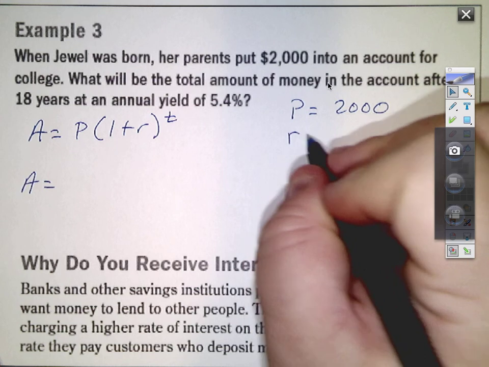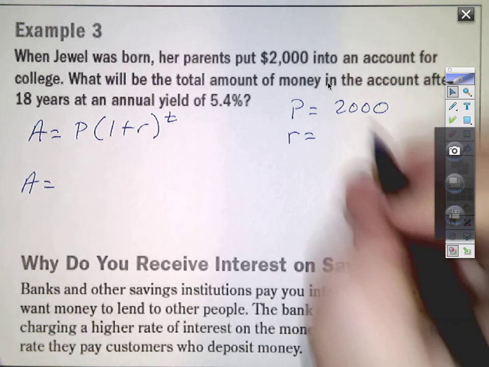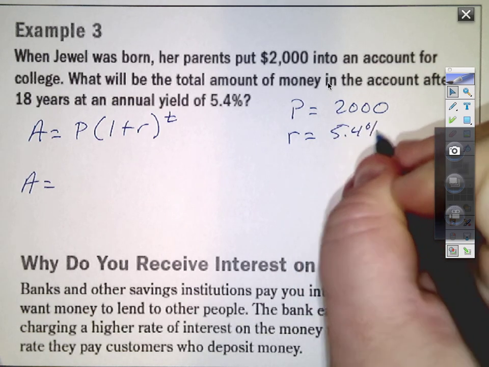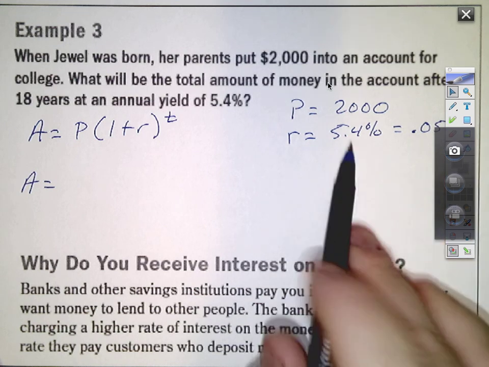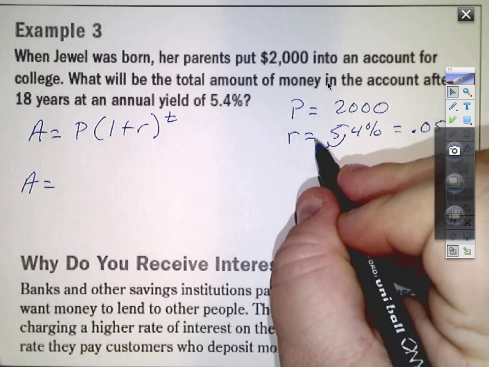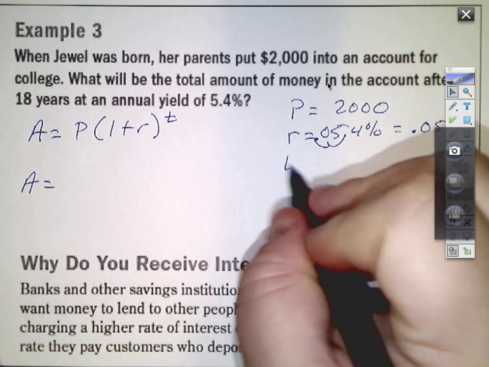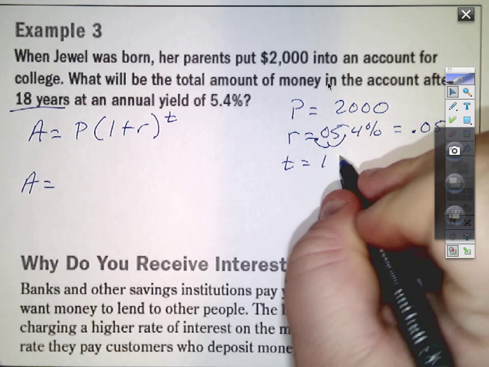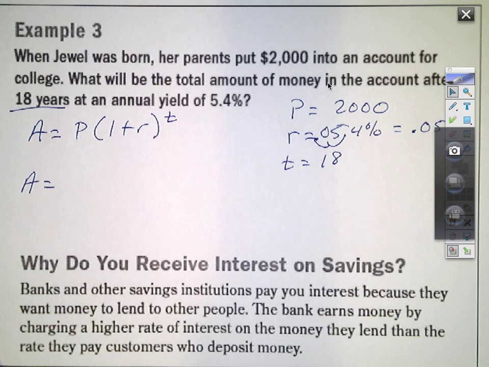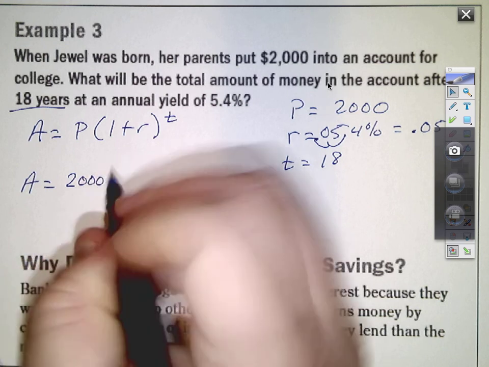P, in this case, is $2,000. Our r in this case is our percentage, which is 5.4%, which is equivalent to 0.054. Just changing a percent to a decimal, you move it 2 places to the left. My t in this case is in years, and my time is 18.